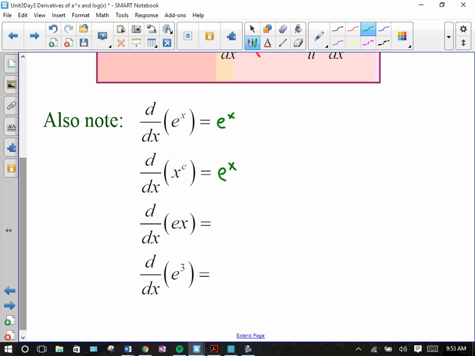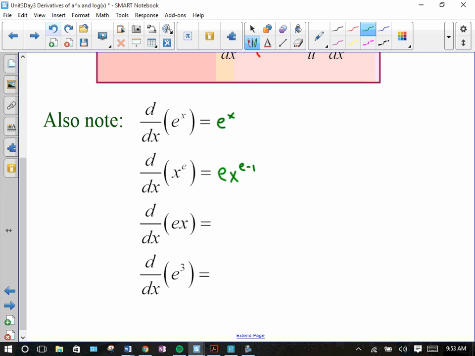It looks a little weird, but e is a number. When we have x raised to a number, we bring that number out in front, multiply it, and then we subtract 1 from the exponent. So the derivative is e times x to the e minus 1 power.